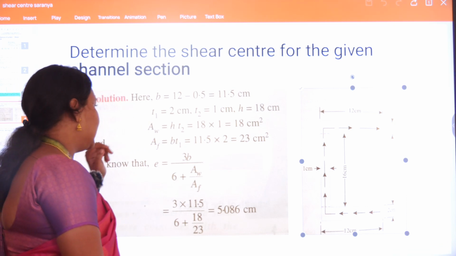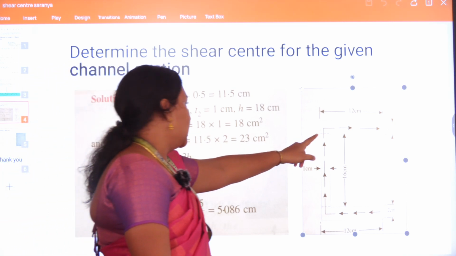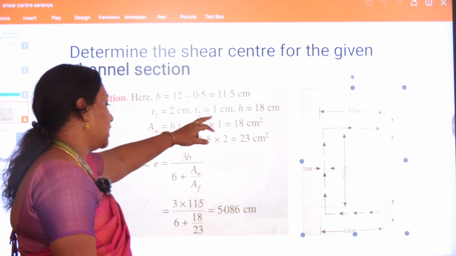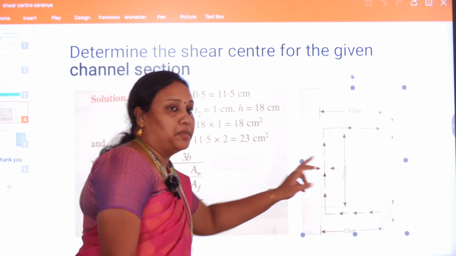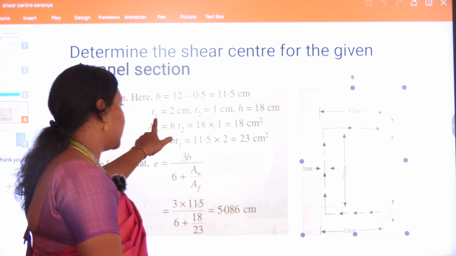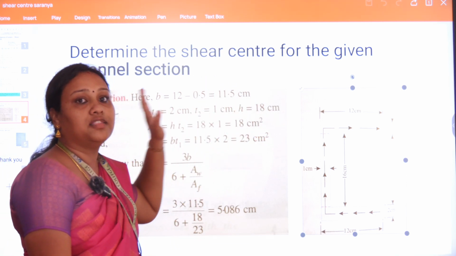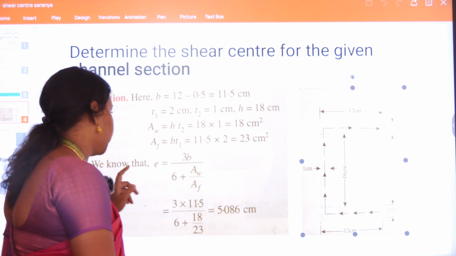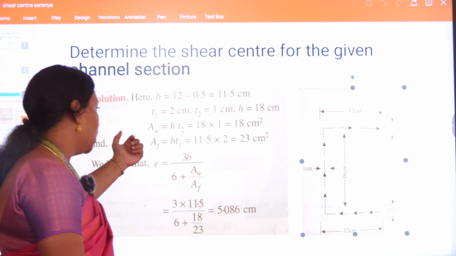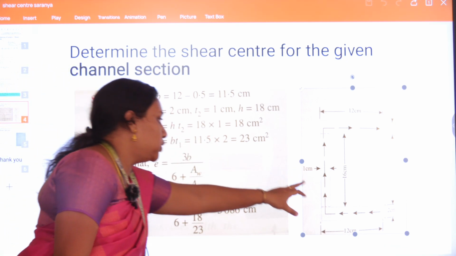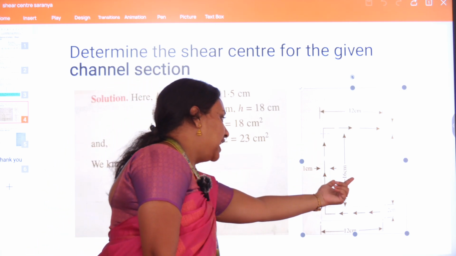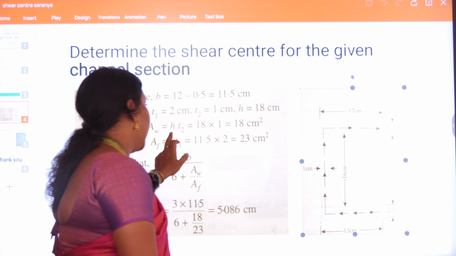Now coming to thickness. Thickness of the flange portion is 2 centimeter, that is t1. t2 is the thickness of the web. In any exam or in the formula, you can directly use thickness of the flange as t1 and thickness of the web as t2. Now with this thickness, we can easily find the area of the web. Area of the web portion is height into thickness.